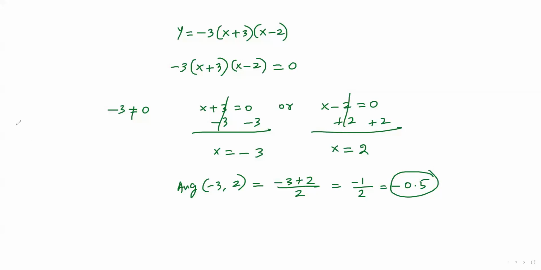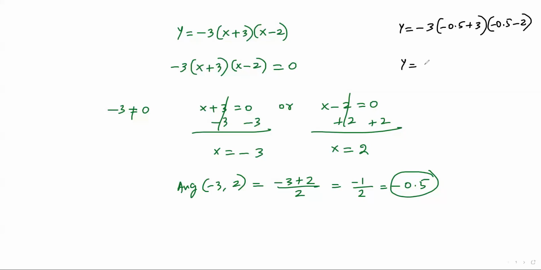To get the y-coordinate of the vertex, I have to plug in x is equal to negative 0.5 into the given quadratic function. That is y is equal to negative 3 times (negative 0.5 plus 3) times (negative 0.5 minus 2).